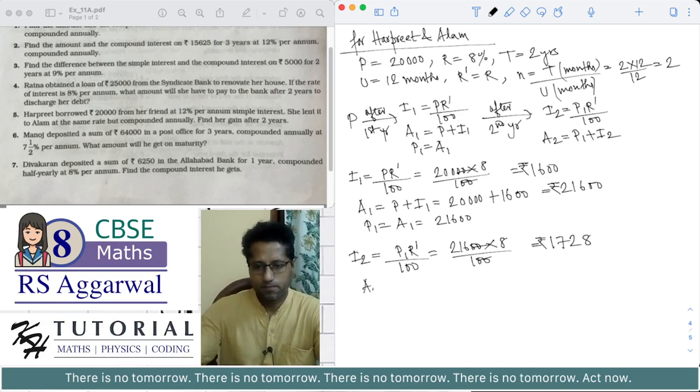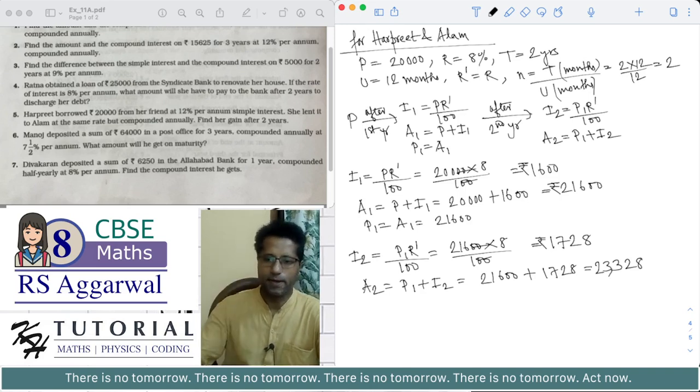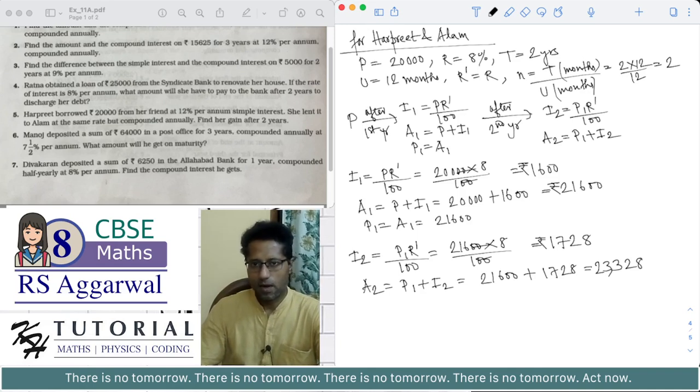A2 will be equal to P1 plus I2. This is equal to 21600 plus 1728, which is equal to 23,328. This is the final amount that Alam needs to pay back to Harpreet after 2 years.